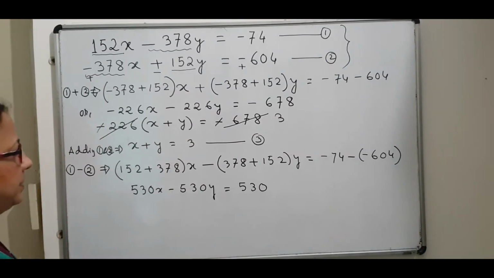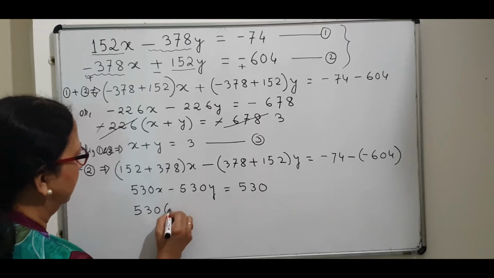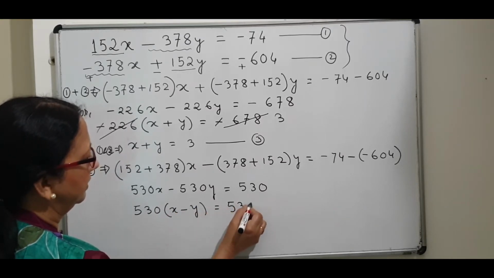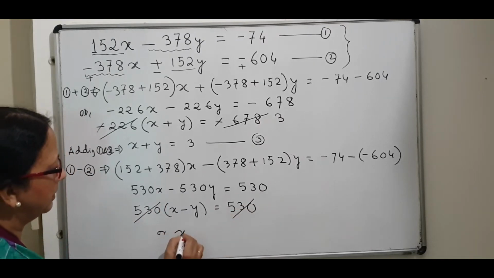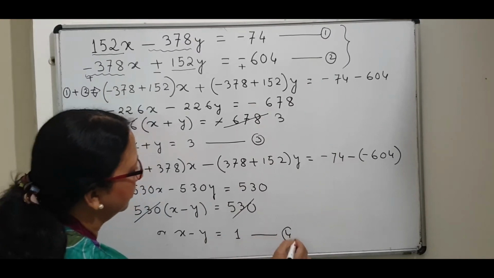So by taking 530 common, it is very simple, it gets cancelled, and x minus y is equal to 1. So I got another equation.